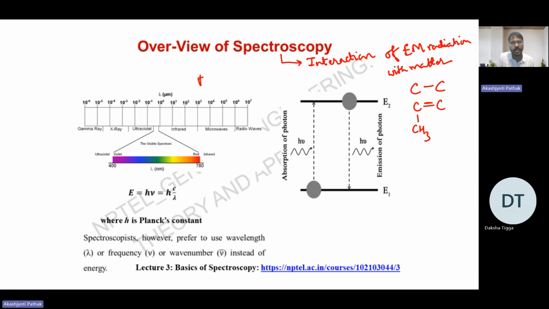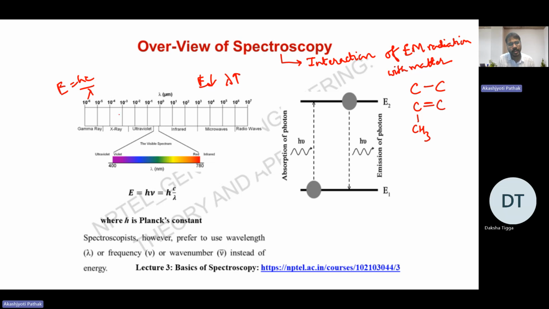Energy is hc by lambda, isn't it? So from the left side of the electromagnetic radiation towards the right side, your energy is decreasing while your wavelength is increasing. Okay.